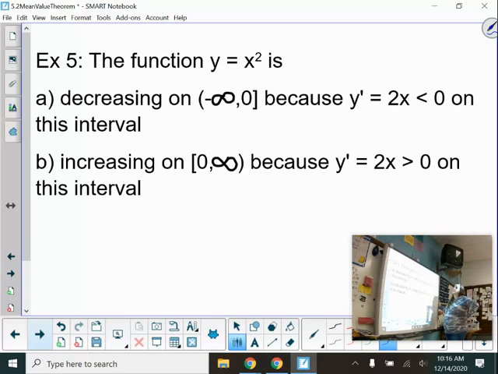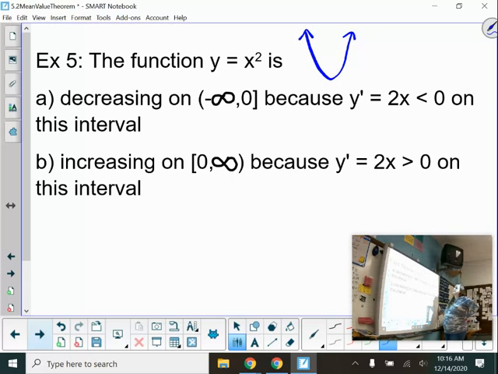So this is another one of those non-examples in that it's an example, but it's already worked out. If you have that function again, y equals x squared, remember that's going to be your parabola that comes down and then goes back up.